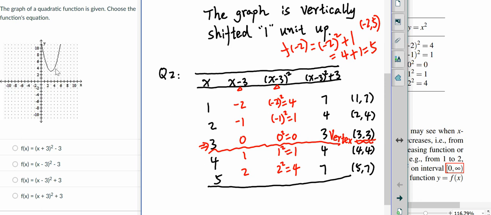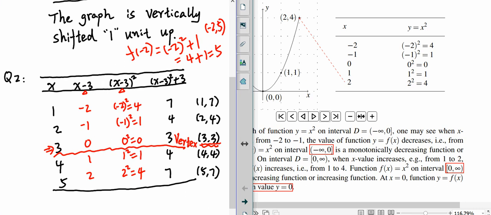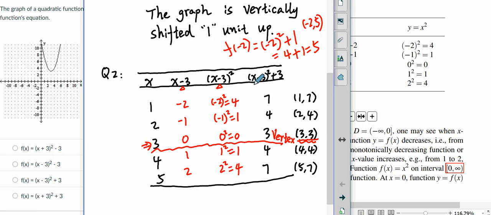Now you have 4, 4, which is this point. This point 4, 4 corresponds to which point? 1, 1. So 1, 1 goes to point 4, 4, which is the one right here, by using this expression. Okay, and then you can work on the other 3 points yourself.